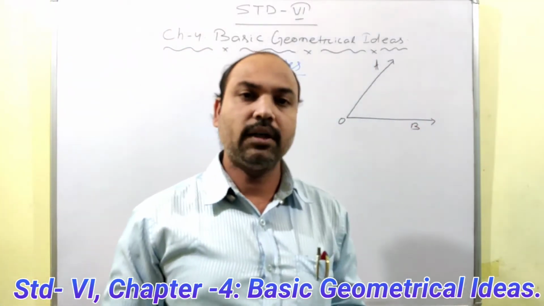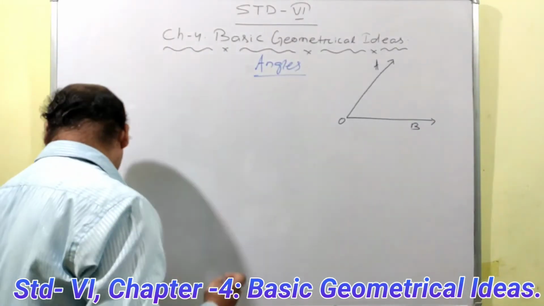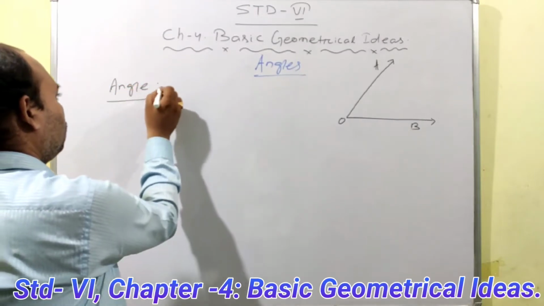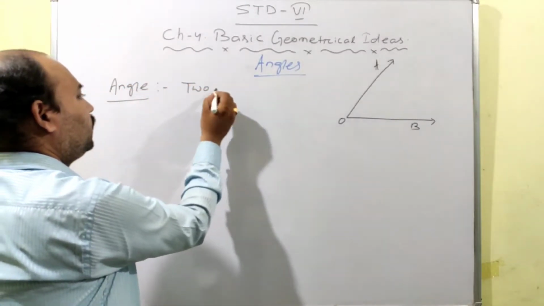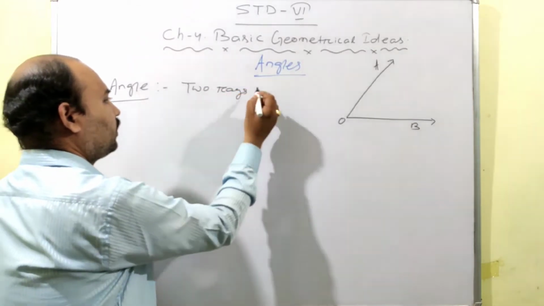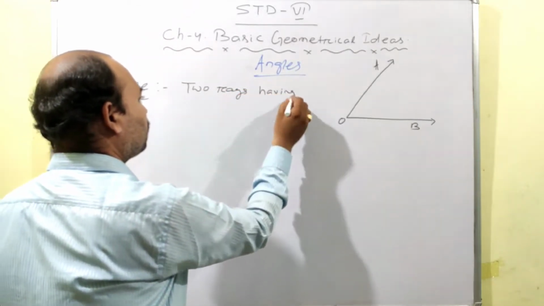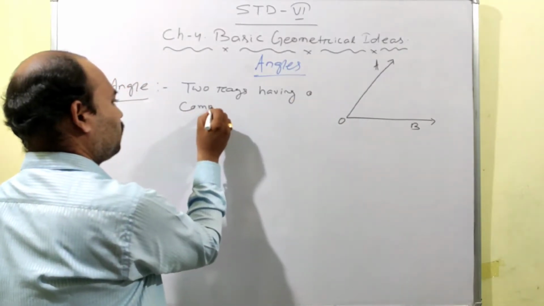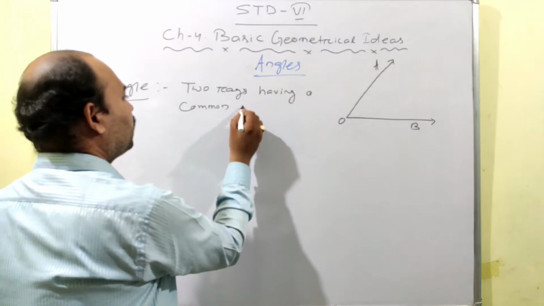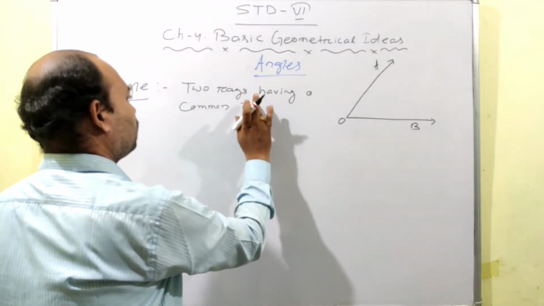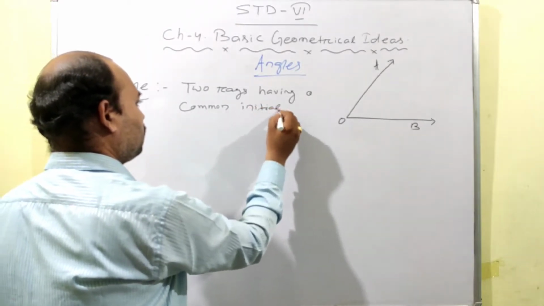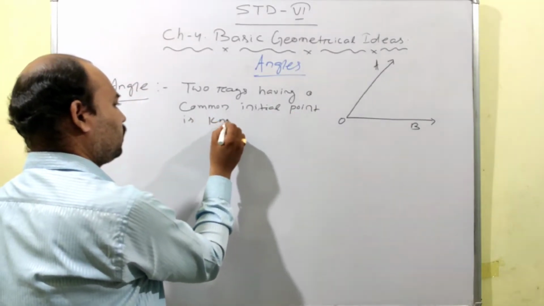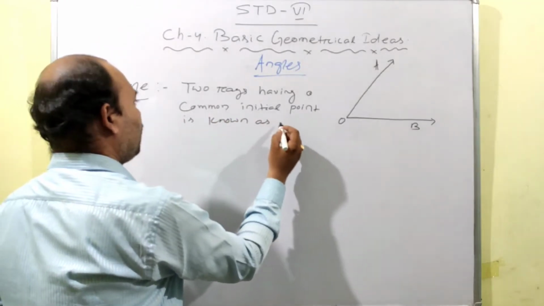Okay, so first we will write the definition of angle. Two rays having a common initial point are known as an angle.